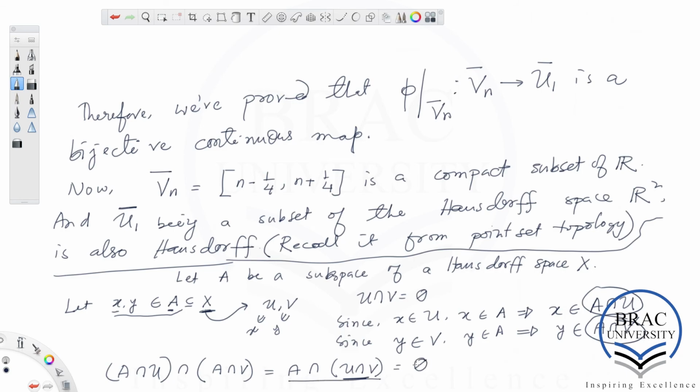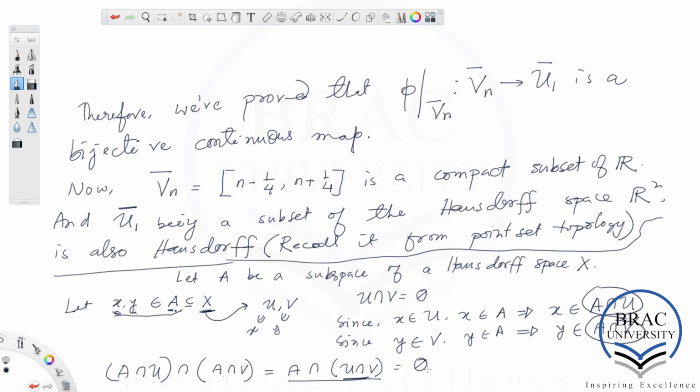So we have shown that for two points in A, to distinguish points in A, there are two open sets, A intersected with U and A intersected with V, containing those 2 points respectively, such that their intersection is the empty set.